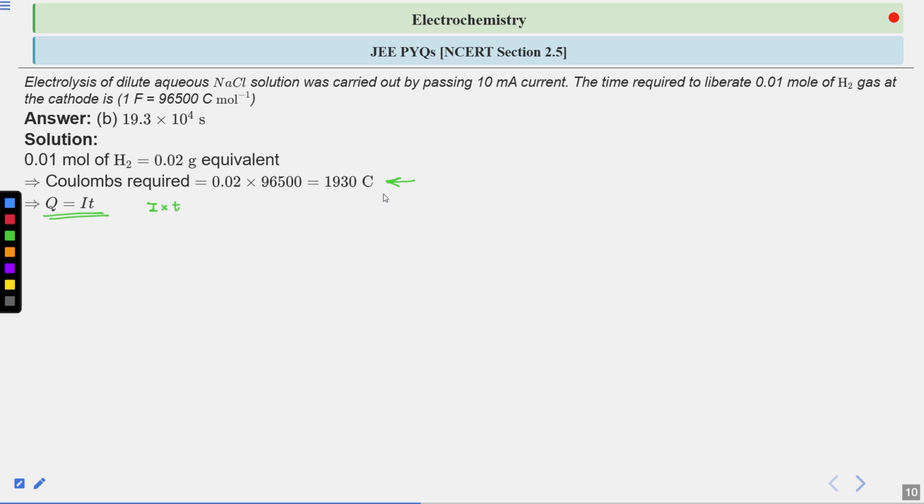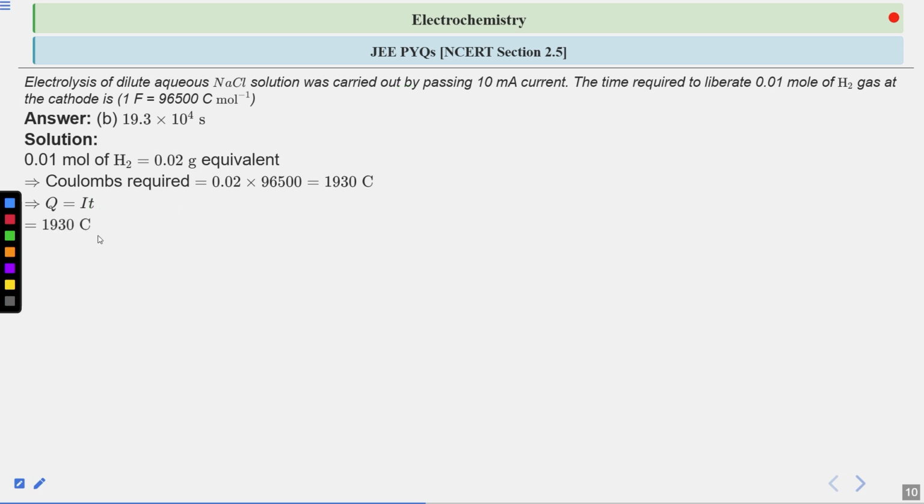After knowing how much hydrogen we need to liberate, we determined the charge that we are going to use while applying the current. So we know the Q, we know the I, already given as 10 milliampere current, right? We have to find the T, the time.